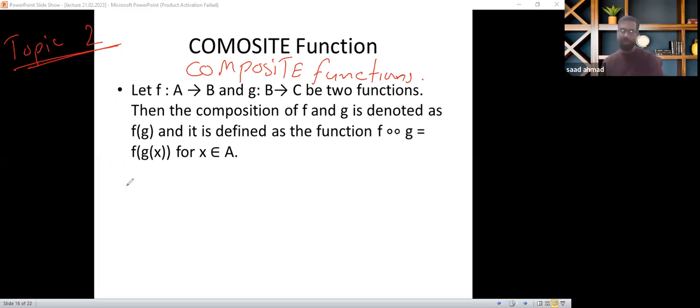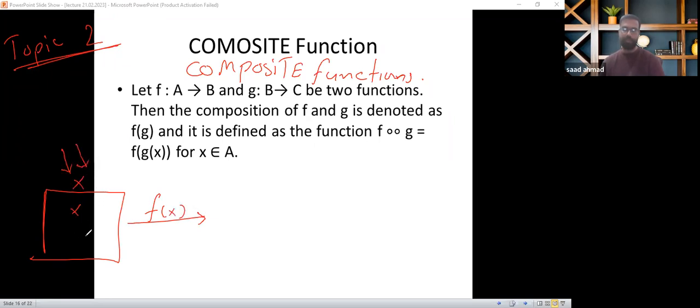Okay, there are different machines. Let's say this is machine F, and this is the input where you put something in. The inputs are X. You put the inputs in it, X. This is the first machine, right? What does it do?